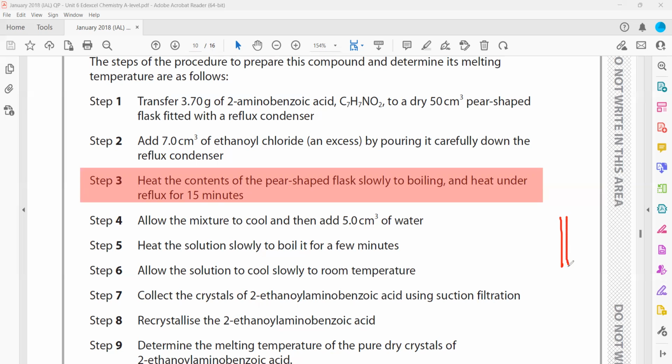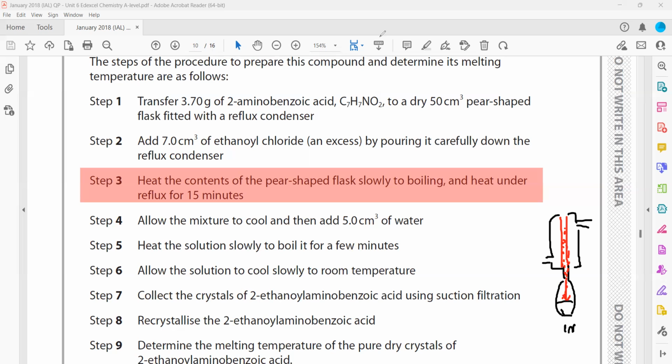For example, this is a condenser, and it is connected to a pear-shaped flask. So when we are supplying heat energy, the contents in the flask will turn into vapor and rise, and the condenser will remove the energy and turn them back to the liquid state again. And we can heat for a longer period of time by using the reflux condenser.